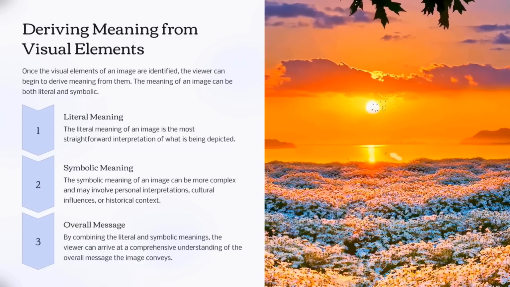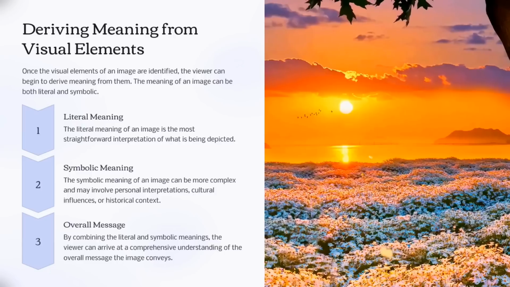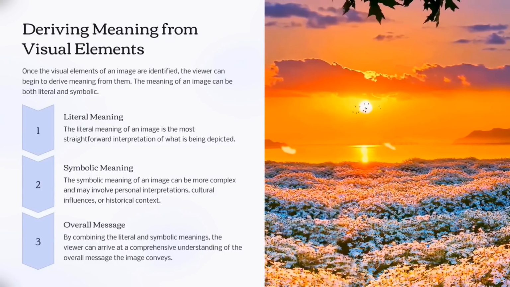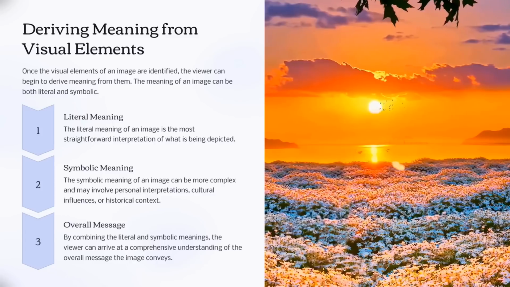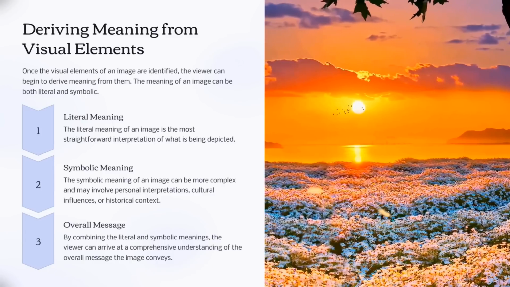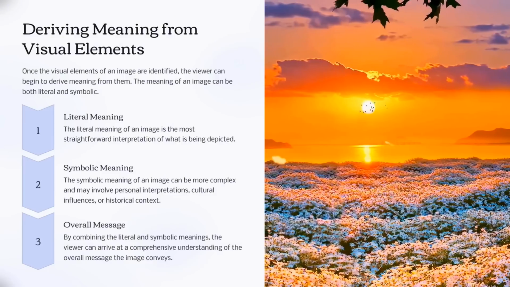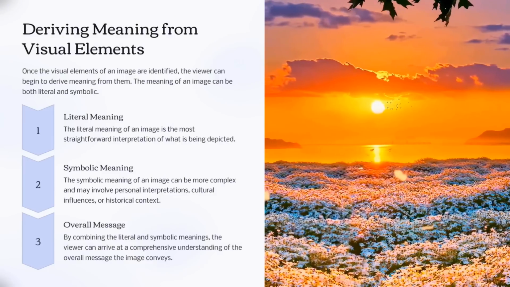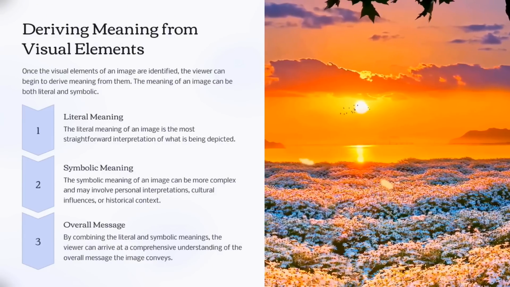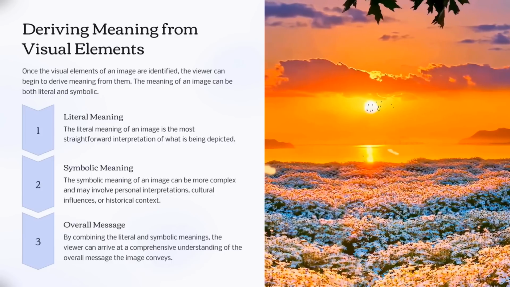So but when we say symbolic meaning, the symbolic meaning of an image can be more complex and may involve personal interpretation, cultural influences, or historical context. So a while ago, binigay natin yung literal meaning. So we can see flowers here, orange sky, and papalubog na araw, and we can also see a sea as a background.